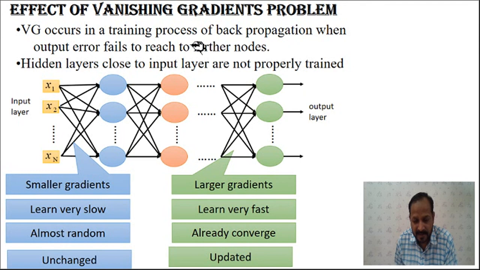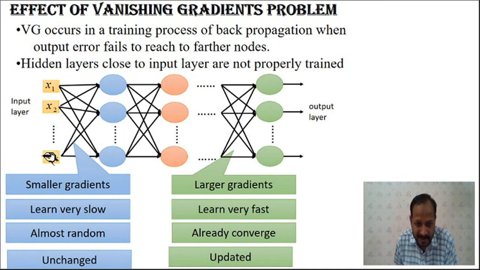Because of that the gradient is very small near the input layer, and the error cannot reach the input layer from the output layer in the backpropagation algorithm. The hidden layers close to the input layer are not properly trained. So all hidden layers are not properly or equally trained in the case of the vanishing gradient problem.